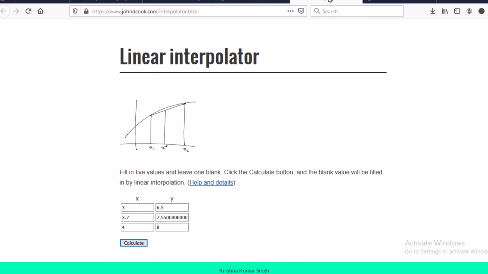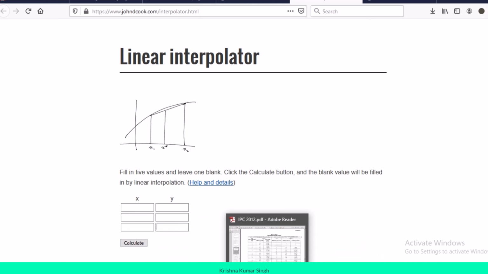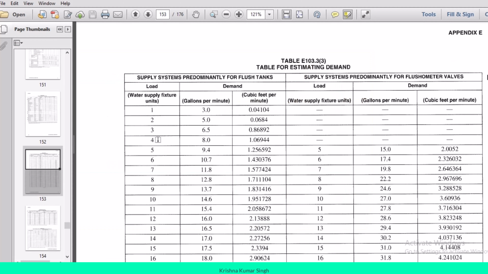Open it, and after opening, the page will appear like this. Let me remove these values. Now you know that you need to find the value of 3.2 fixture unit in GPM. Your table will not give you the value of 3.2 because it is an in-between value between 3 and 4.